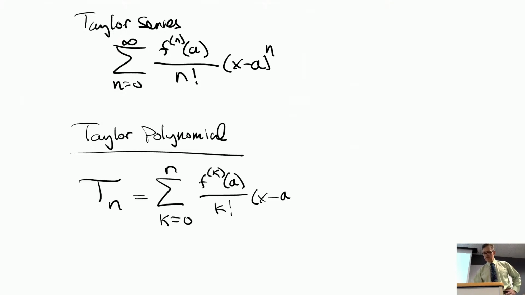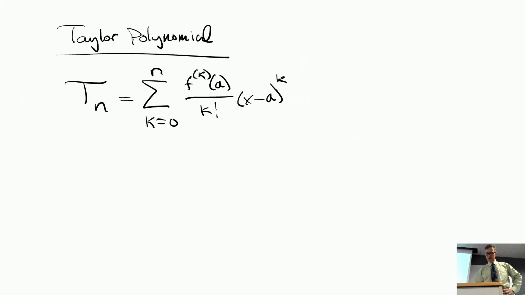Sorry, I had to change the index to k to make this work. But that's a Taylor polynomial. It just means take the Taylor series, chop it off. We'll deal with this more next time, but for now, I just want to do one more example of this, then I'll show you the video and we'll call it a day. So Taylor polynomial, you're just chopping this off.